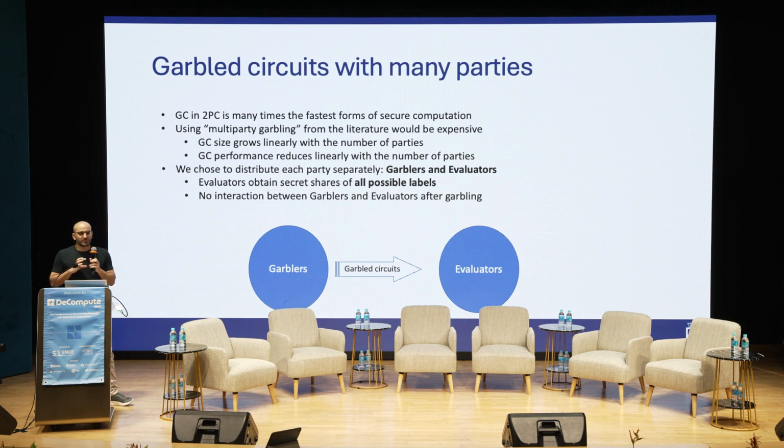Each one of those groups will have different threat models. This actually gives us the flexibility to have different threat models on these two groups. And the idea is that garblers will work continuously on generating garbled circuits, spit them out to the group of evaluators, and the evaluators will store a database of garbled circuits they got offline from the garblers.